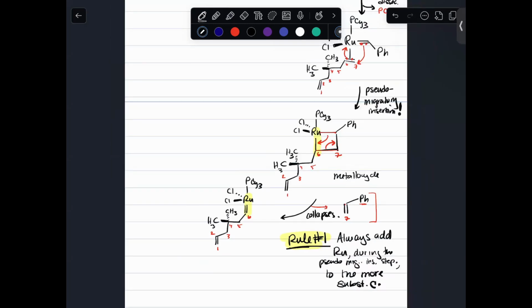Notice how ruthenium was added to carbon 6, the more substituted carbon of your chain.